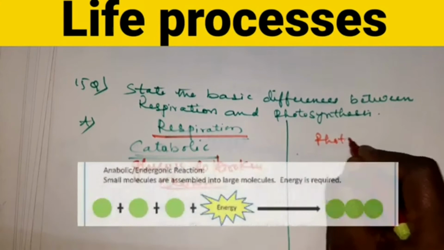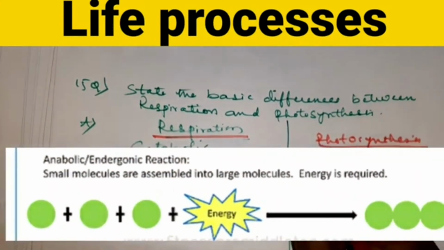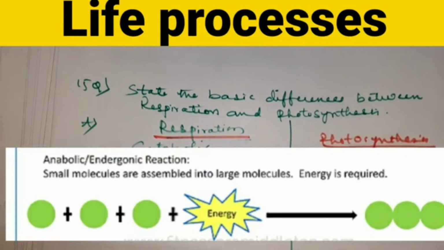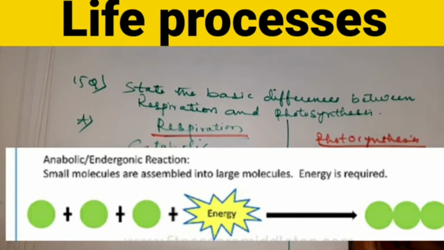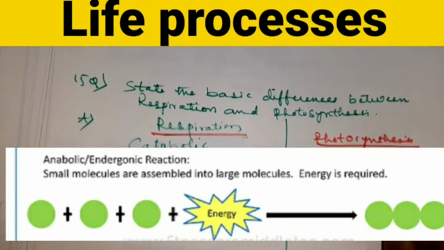The next one is, photosynthesis is an anabolic or endergonic reaction. Here small molecules are assembled into large molecules, and energy is required. This we call an endergonic reaction.